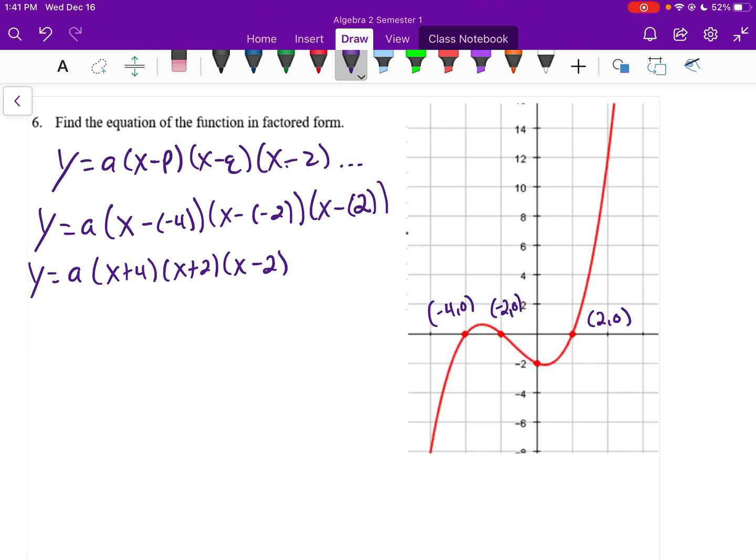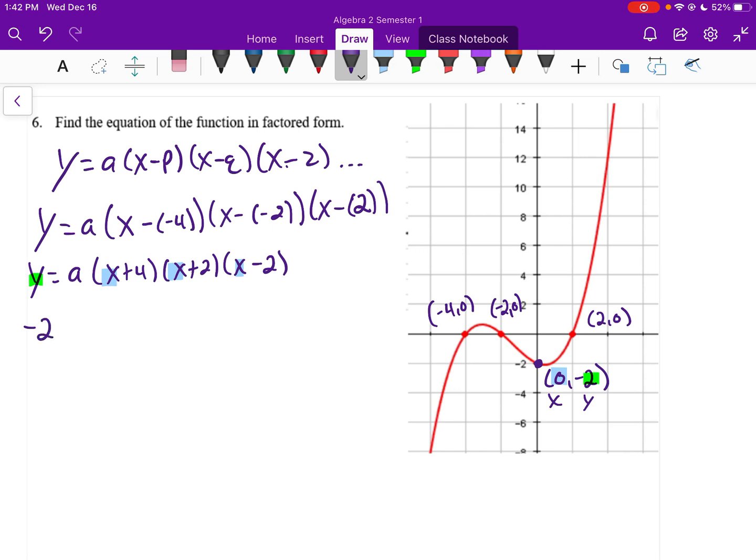Now we need to figure out the a value, and to figure out that a value, we're going to use that extra point that we're given. This point is (0, -2). That's my x, that's my y, and we're just going to substitute those in.